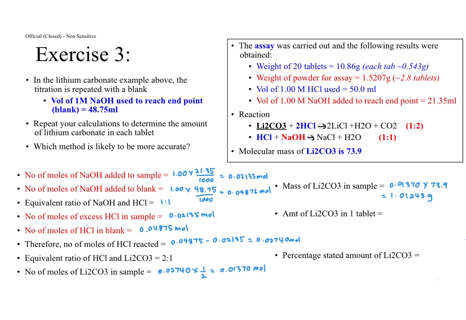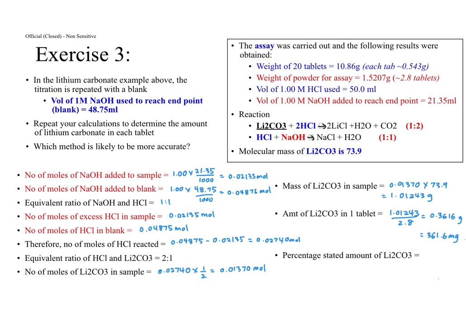Remember that the weight of powder taken out for the assay corresponds to 2.8 tablets of lithium carbonate. So the amount of lithium carbonate in one tablet would be 1.01243 grams divided by 2.8 tablets. So we get 0.3616 gram, or we can also write it as 361.6 milligrams.